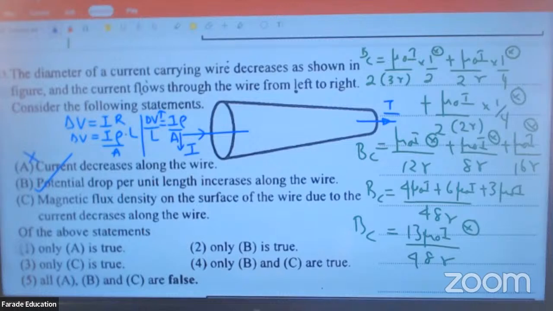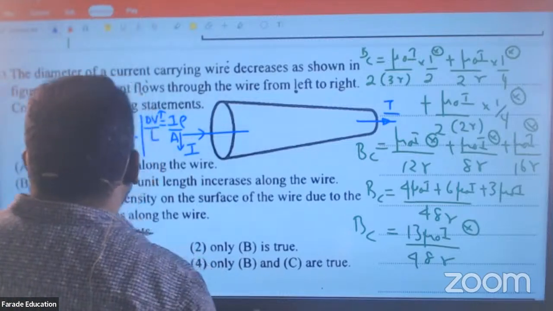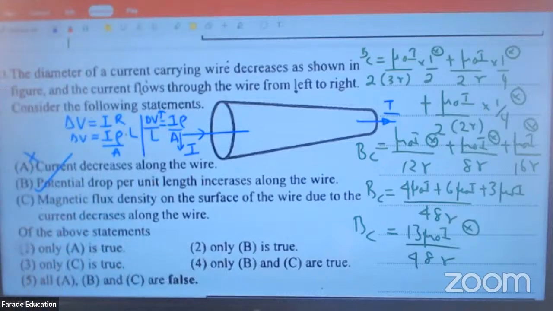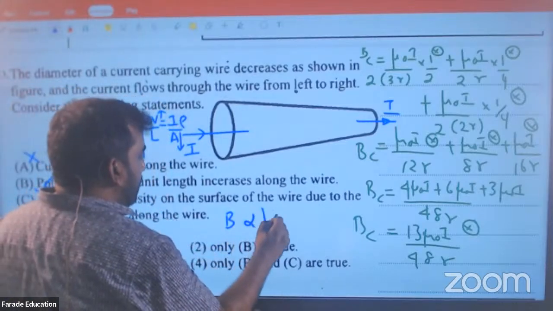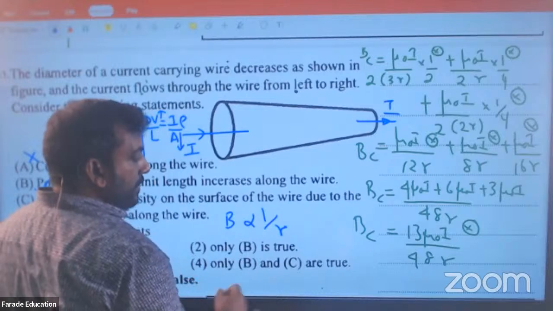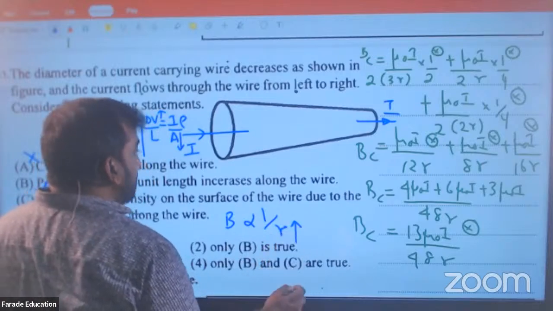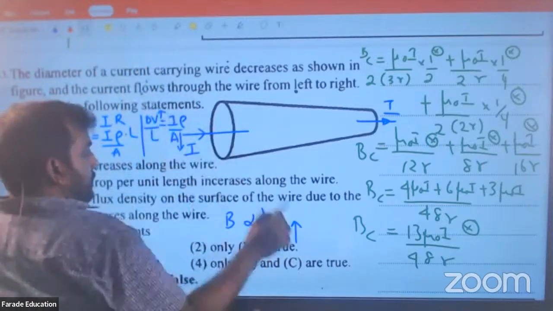Magnetic flux density on the surface of the wire due to the current decreases along the wire. So magnetic flux density is inversely proportional to the distance r.